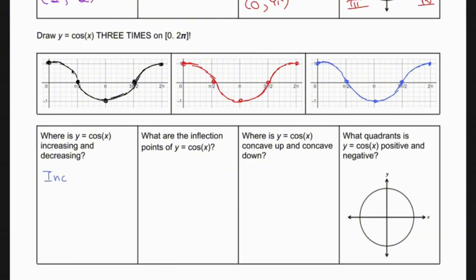Well, it starts its increase at pi and stops increasing at 2 pi. So we're not going to include pi because at the very bottom it's doing neither. And we're not going to include 2 pi because at the very tippy top it's not doing either. That's the increasing. It's going down and to the right, decreasing from 0 to pi. Don't include 0, don't include pi.